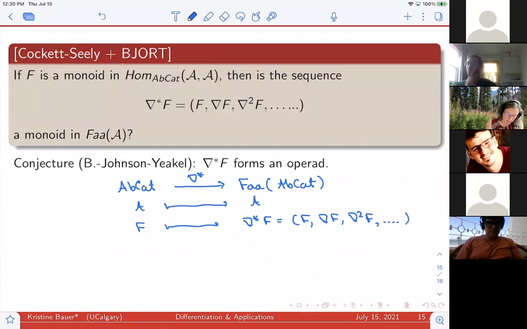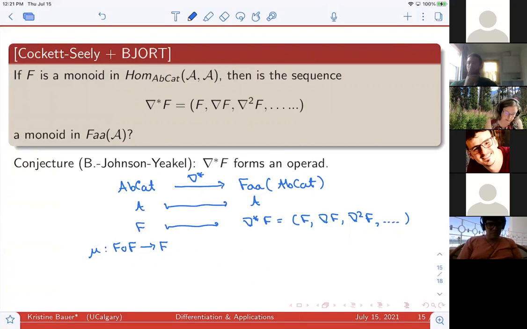But what if we knew a little bit more? ABCAT is, in fact, a bicategory. So remember, this is the homotopy category of abelian categories, and it's a bicategory because it's closely related to the two-category structure of Cat itself. So in particular, if f, maybe I want to call this mu, if f was a monoidal functor, then there's a natural transformation from f composed with itself to f.